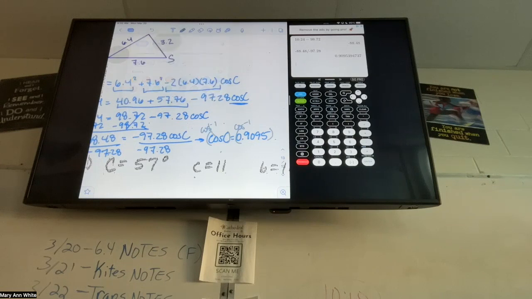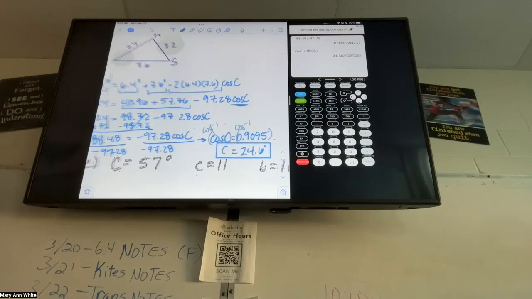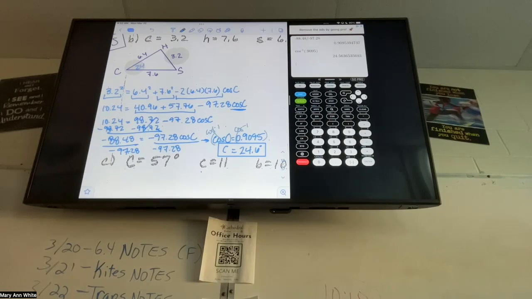So C equals inverse cosine of 0.9095, and that is 24.6. Make sure that you can get that same answer as I do.